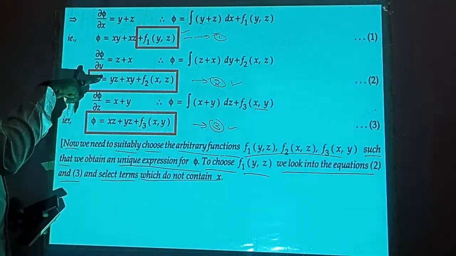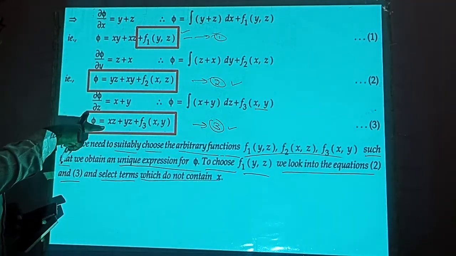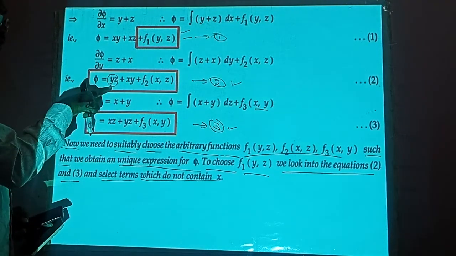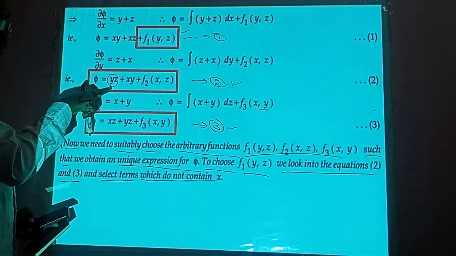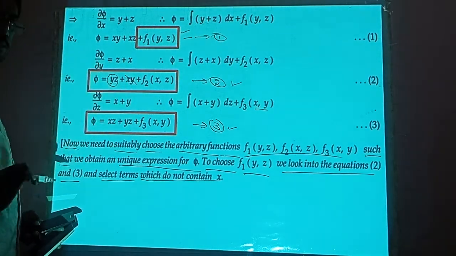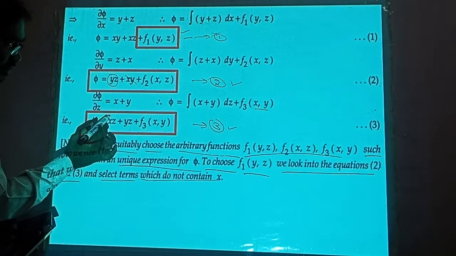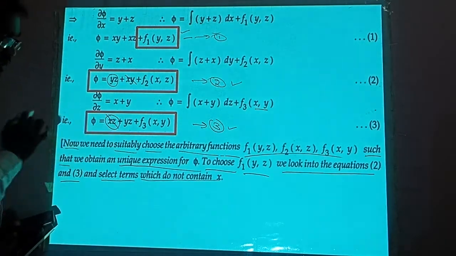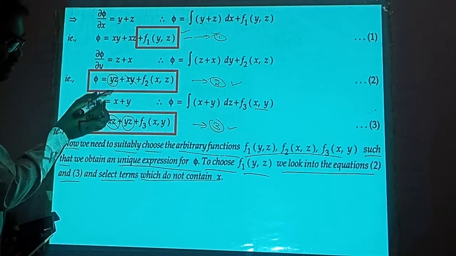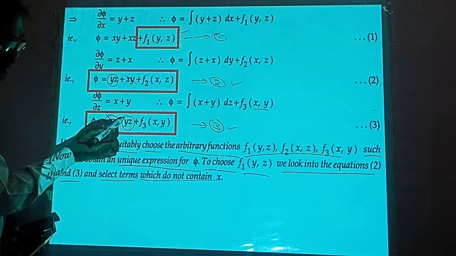Now let us see which are all the terms which do not contain x. This is a term which does not contain x. This term contains x, so don't select this. This term also contains x, don't take this. This is one more term, yz, which is the same as this and does not contain x.